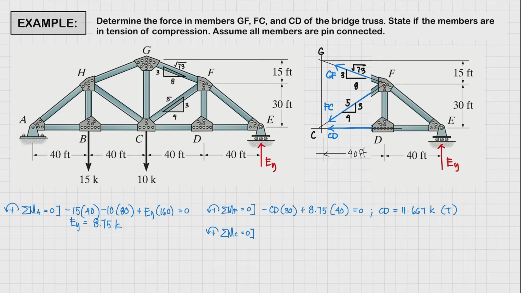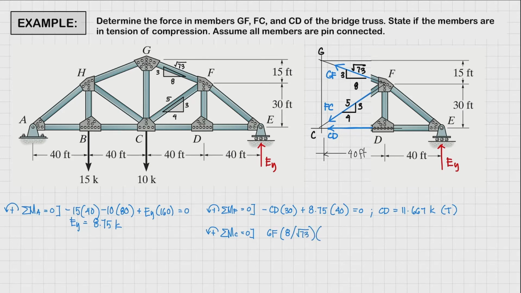So we're going to have first the horizontal component of GF. It's going to rotate in a counterclockwise manner, so that's going to be positive. The perpendicular distance is going to be 30 feet. So that's going to be positive GF, then we're going to use 8 divided by square root of 73.